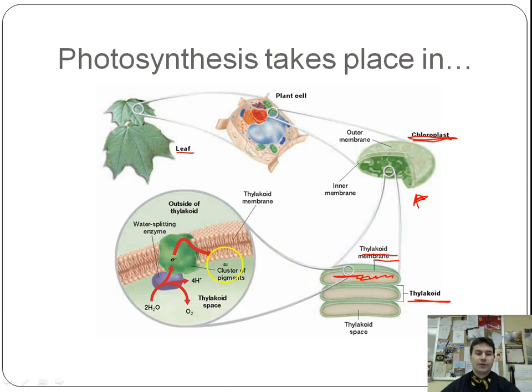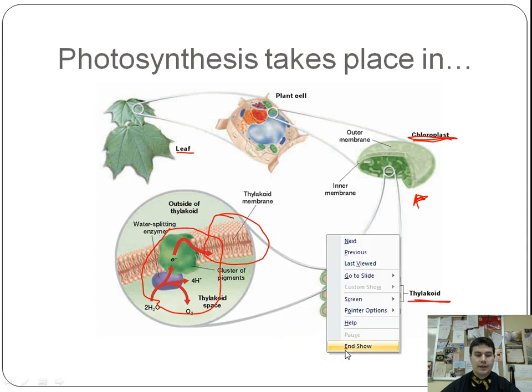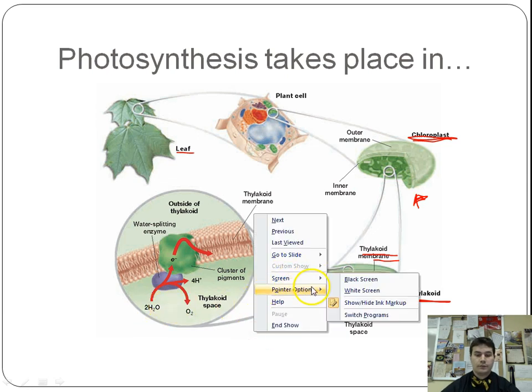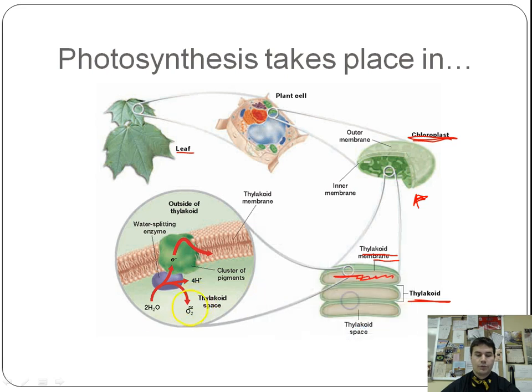Inside these thylakoids, if you look at the membrane, here's a phospholipid membrane of the thylakoid. They have these proteins that are actually stuck inside that membrane. You can see this one right here. Inside that membrane, you have these proteins, and they have all kinds of special things that they do. Specifically, this one actually has a water splitting enzyme. So it takes water, which we know comes from watering cans, the rain, things like that.